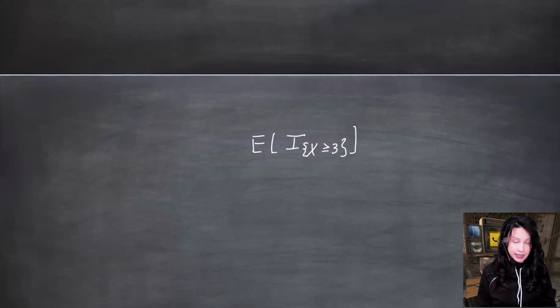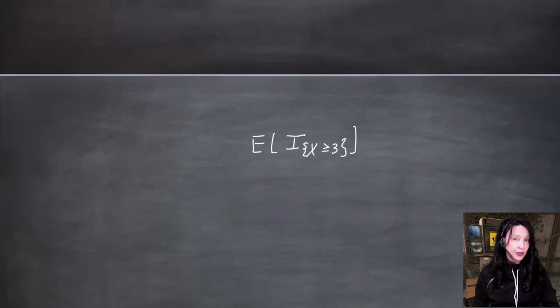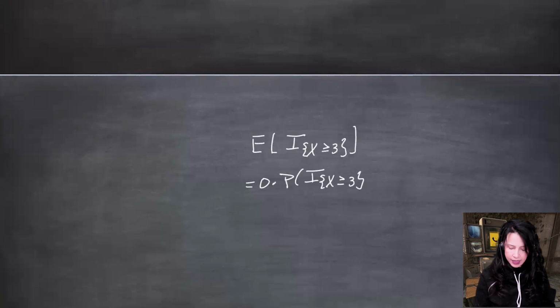Even if x is continuous, the indicator is not continuous. It's a discrete random variable taking on the value 0 or 1. So it's 0 times the probability this indicator is 0 plus 1 times the probability that this indicator is 1.